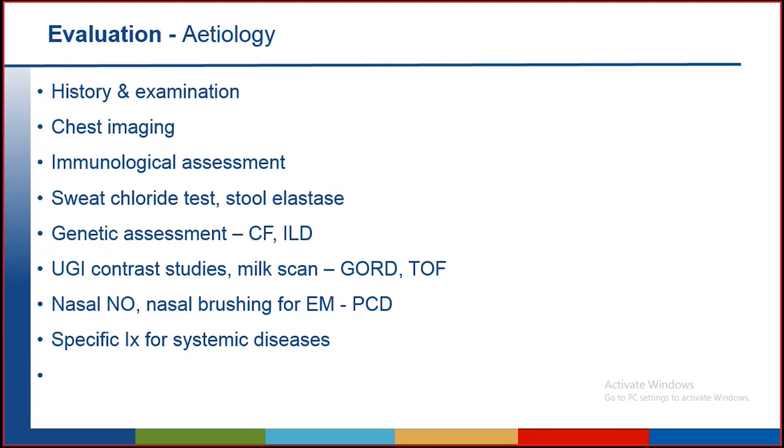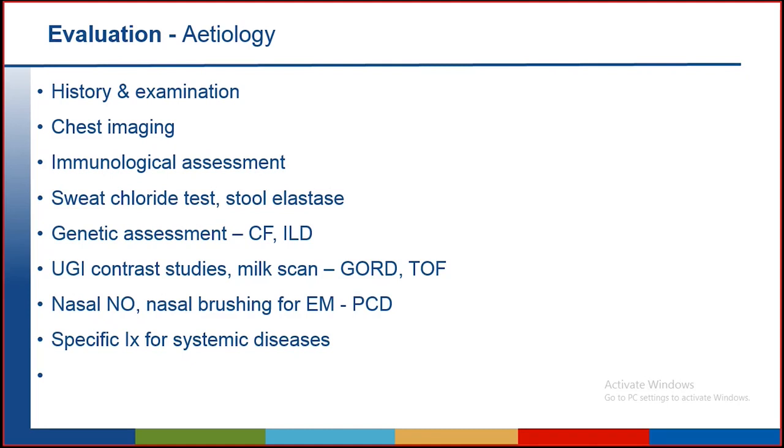Obviously, if there is no obvious diagnosis, we have to exclude possible immune deficiency disorder. Sweat chloride test to exclude cystic fibrosis if the clinical picture is suggestive of cystic fibrosis. But even if there is no clinical history, we have to do a sweat chloride test, especially if the child has evidence of bronchiectasis.